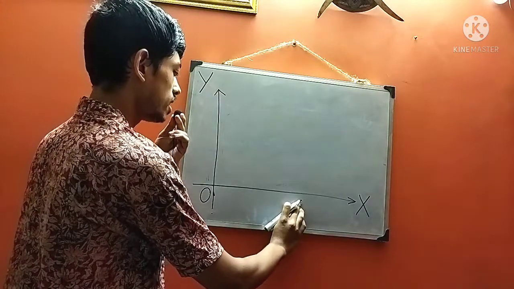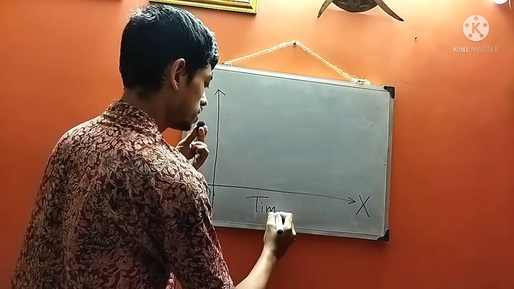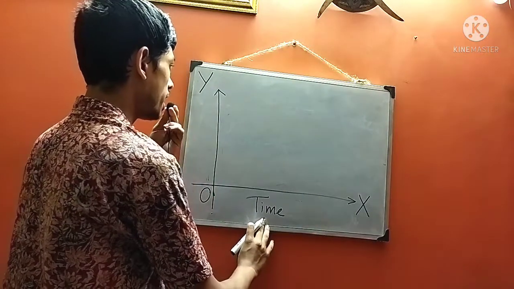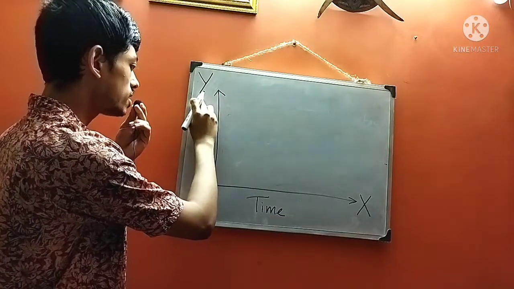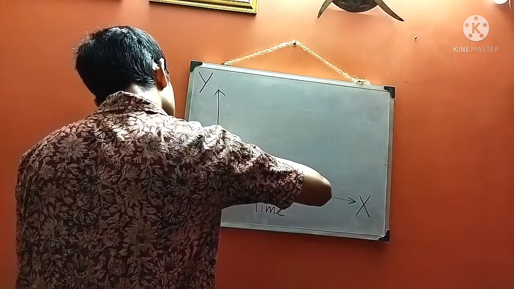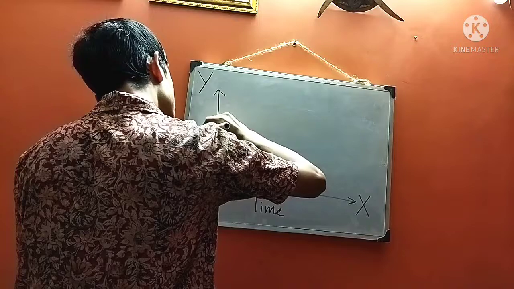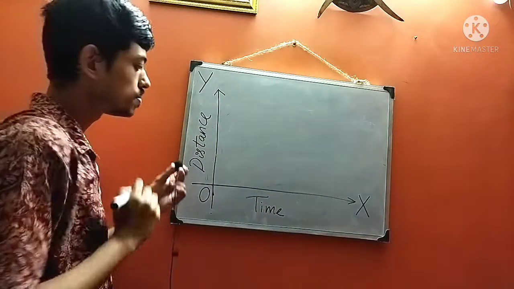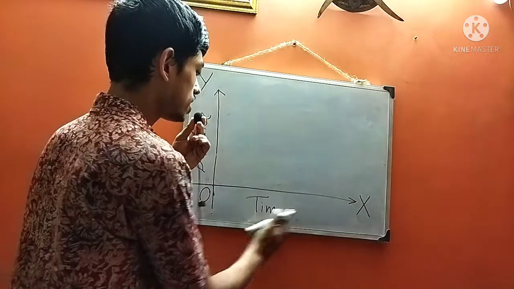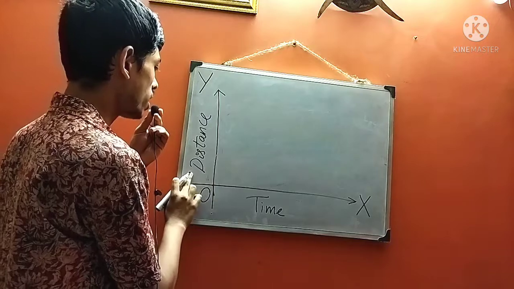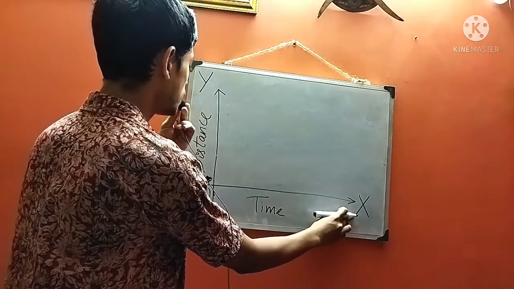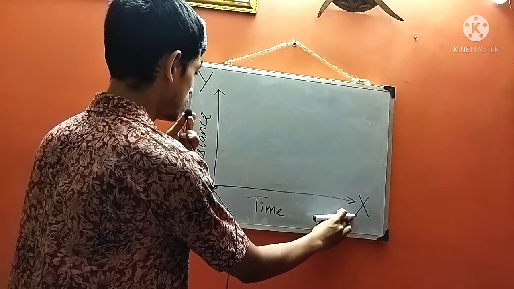Against the x or horizontal axis, time is plotted, and against the y or vertical axis, distance is plotted. The arrows show the increasing distance and time.